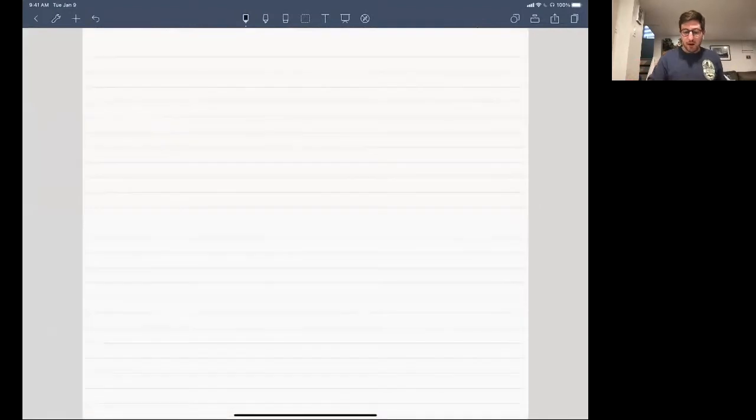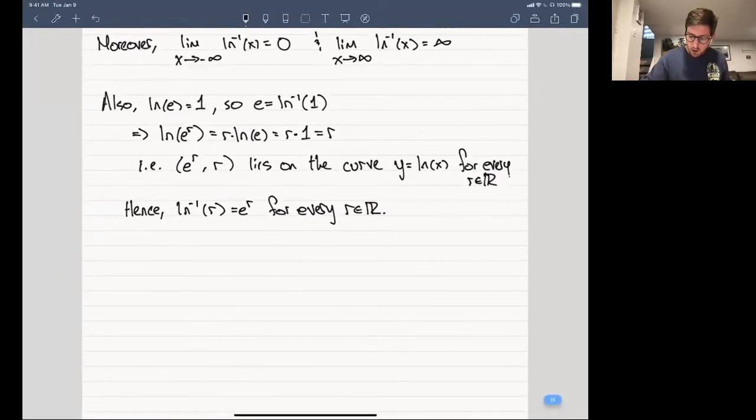But what does that say? I'm using the notation r just for a real number. But if I switch that around for x, that tells me that the inverse of the logarithm is exactly e to the x. So let's put this as a nice definition so we can remember it.